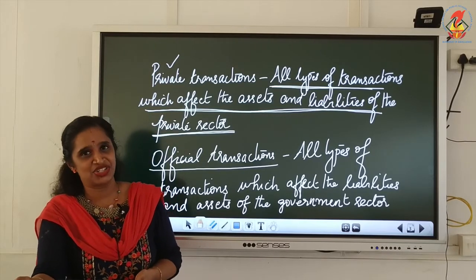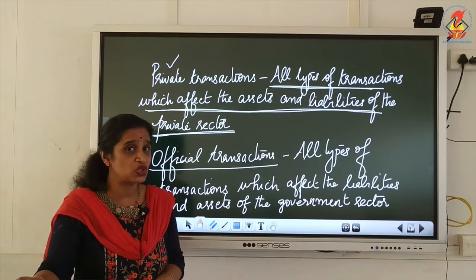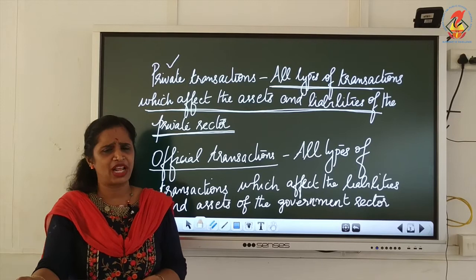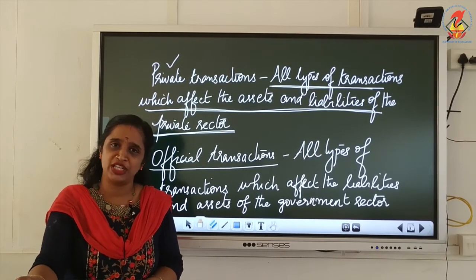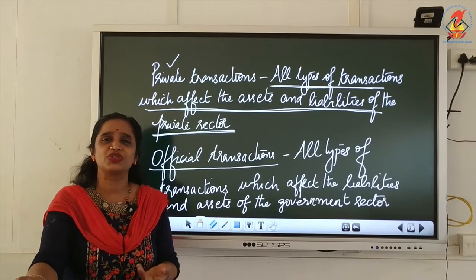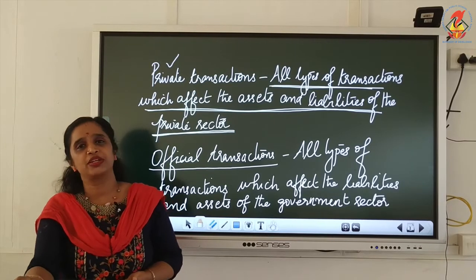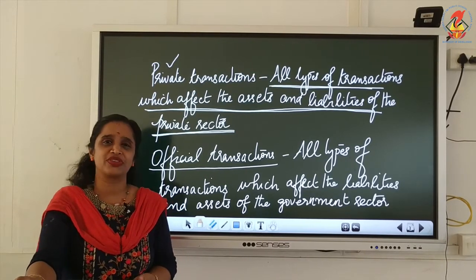So, these kinds of transactions which can cause a change in the assets and the liabilities are known as private transactions. Now, the next one is official transactions, which is also known as government transactions. Just as the private transactions take place, official transactions also happen in the economy. Government also takes short-term and long-term loans from outside. So, when the government receives the loan, it is a receipt for the government.